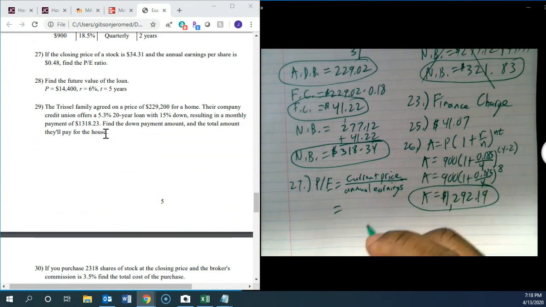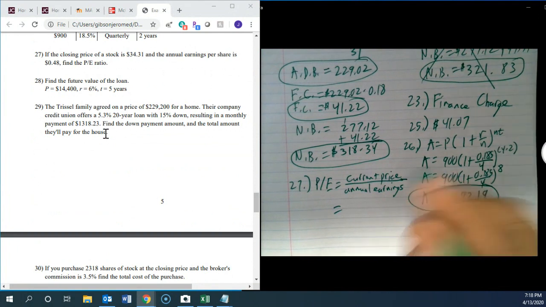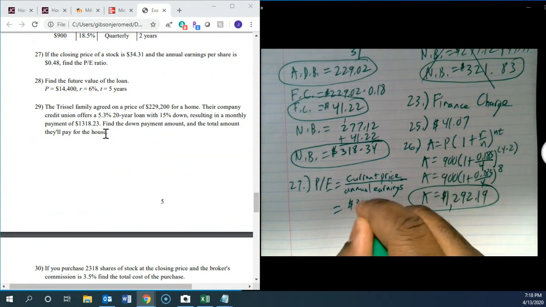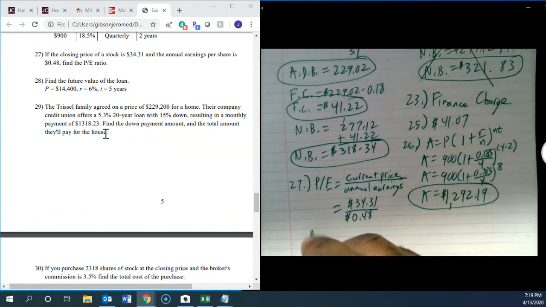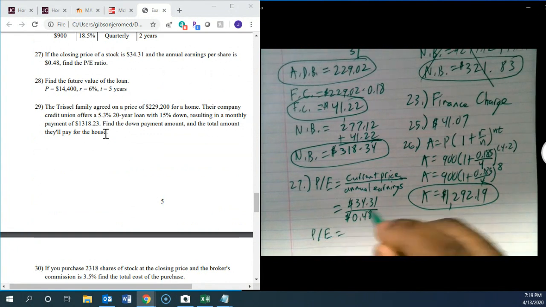So now the current price of this stock, as stated here, was $34.31. And then the annual earnings per share is 48 cents. Now, when we divide this, the price to earnings ratio will be $71.48.